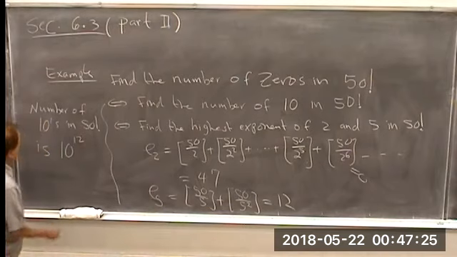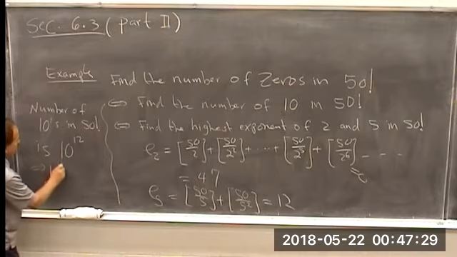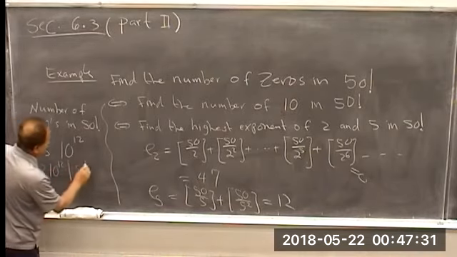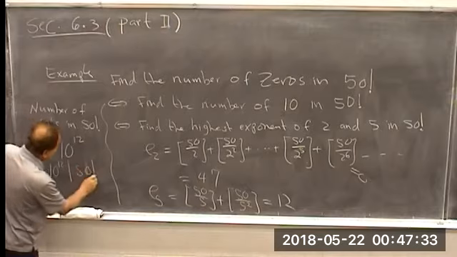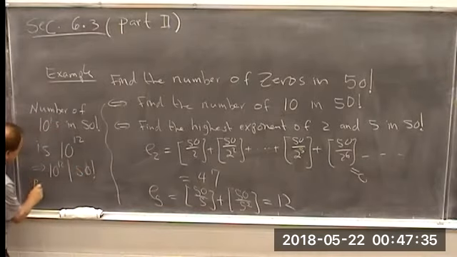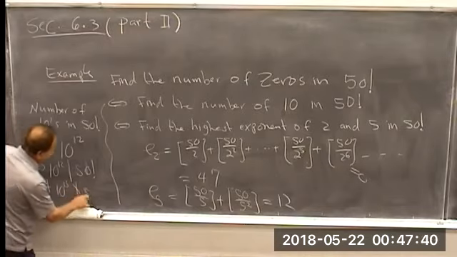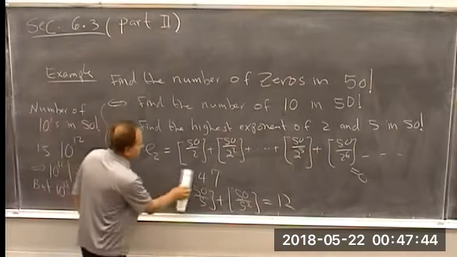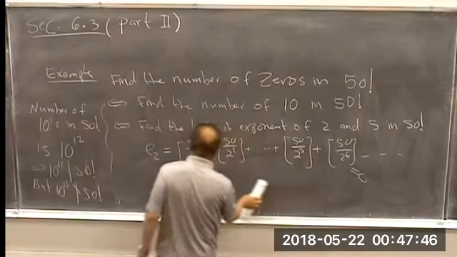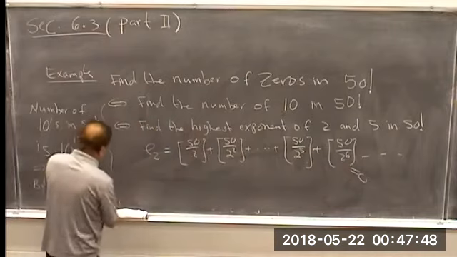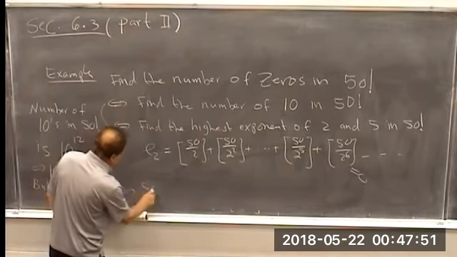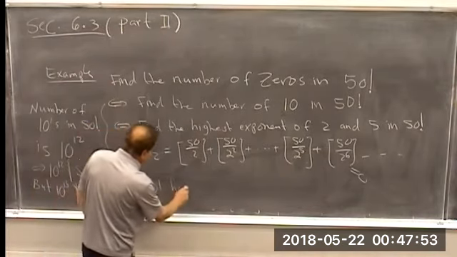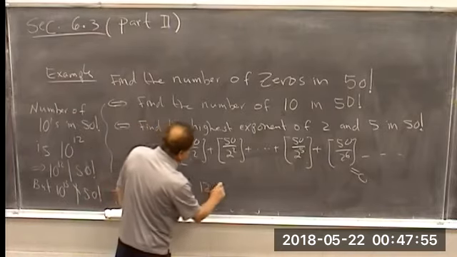So this implies that 10 to the 12 divides 50 factorial, but 10 to the 13 does not divide 50 factorial, which implies that 50 factorial has 12 zeros.